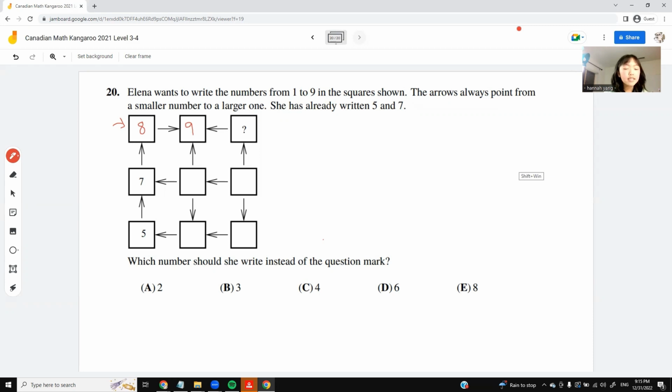And here, as you can see, this one would have to be 4 because all of these boxes all eventually lead up to 4, meaning that they all have to be less than 5. So if it were 1, 2, or 3, then it means that it wouldn't work out. And so because we know that all of these boxes need to be under 4, then that leaves this final one to be D, 6, which should be your correct answer.